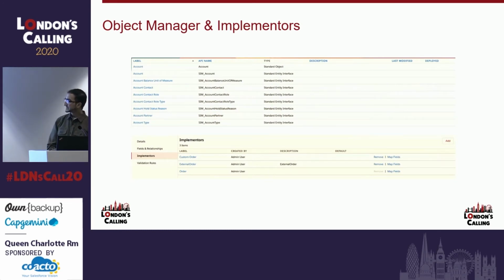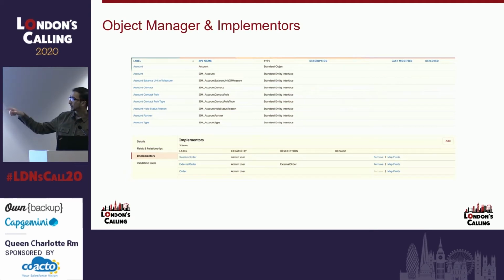Then this is just a kind of prototype for the entity interfaces. When entity interfaces are released, you will see a new column in the Object Manager, a type column.